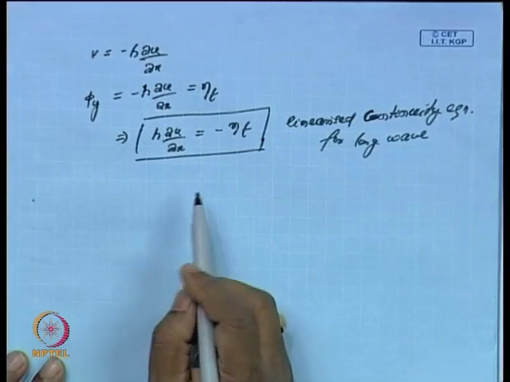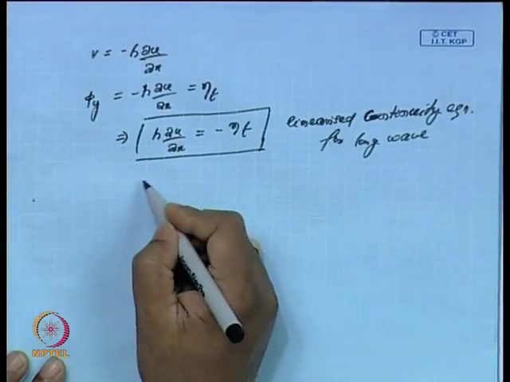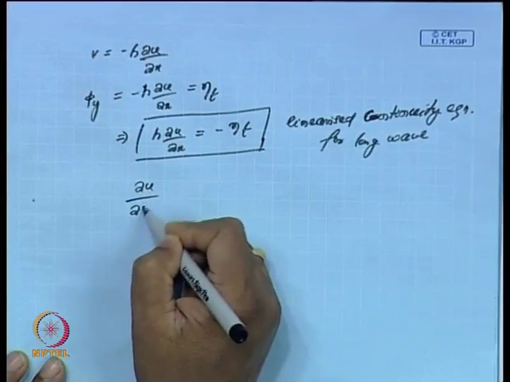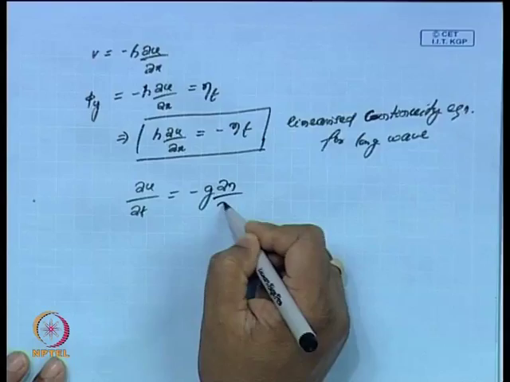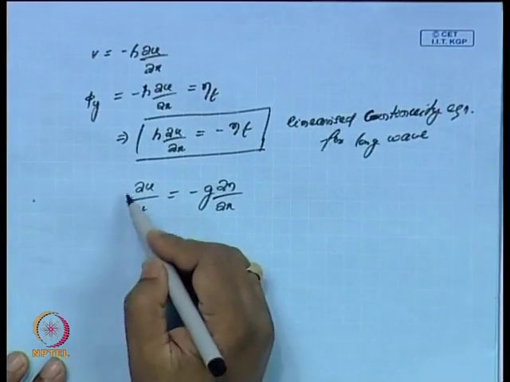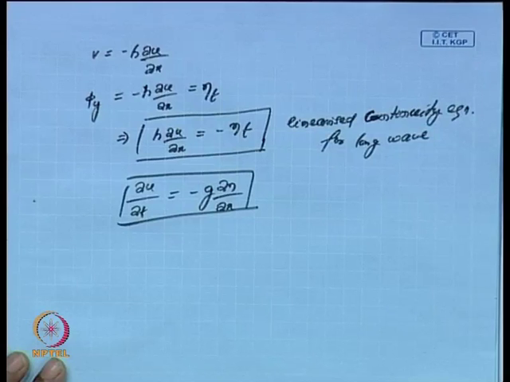Now, what I will do, I have the continuity equation and I have the equation of motion. The equation of motion is del u by del t is minus g del eta by del x. So, if I look at these two equations, what will happen if I eliminate?